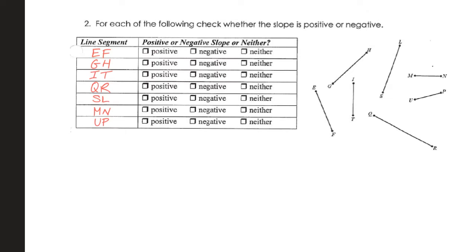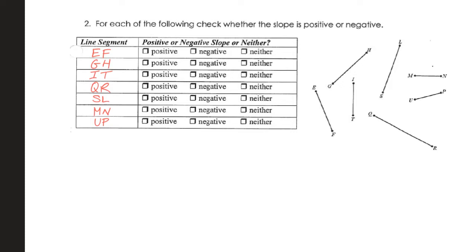So what you have then is a picture. Off on the right side, I have given you a number of line segments again. The only difference is I've taken away the grid. So what I need you to do then is trust your eyes a little bit more, which is always a dangerous thing in math. But let's trust our eyes a little bit more. And then look at all the line segments that I've listed in red on the left.